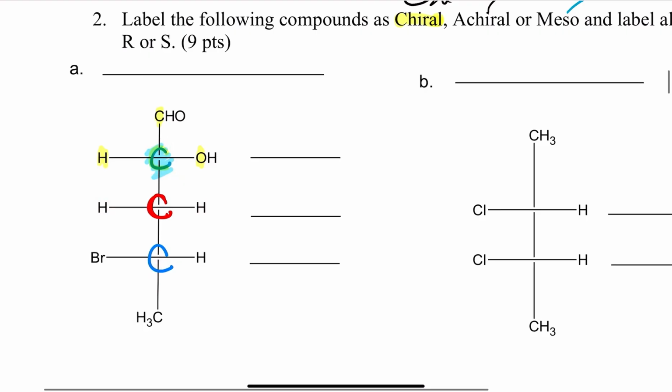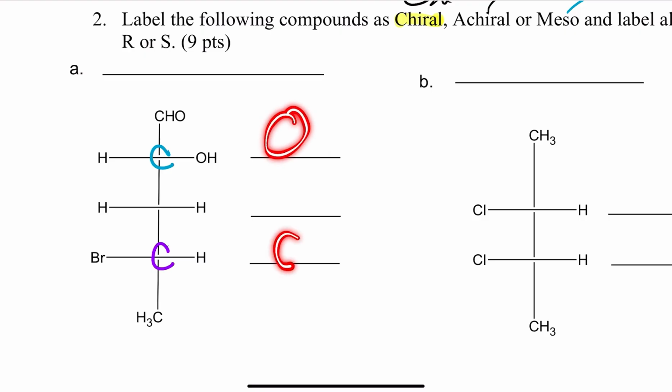So it's chiral. So what I would do is point. So this is chiral, and then this is, which means there's going to be an R or S here, and nothing in the middle, because this carbon is not chiral because of that.